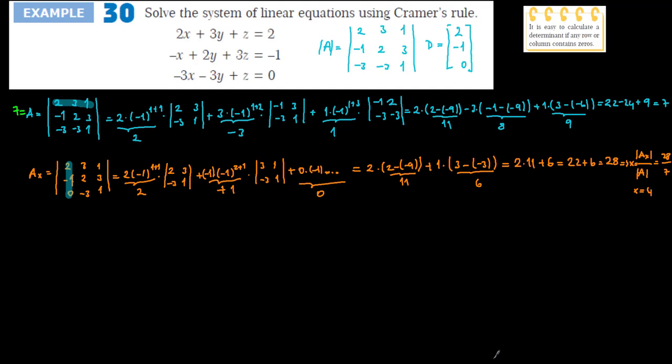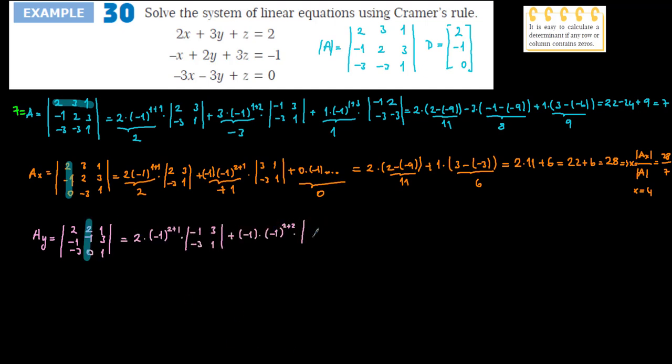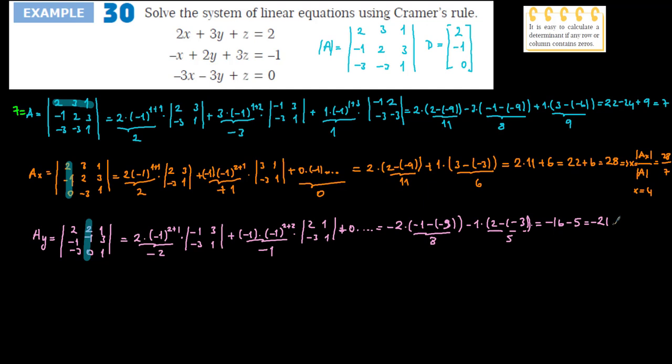Now we are going to find y, which is equal to the determinant of AY over the determinant of A, which is equal to minus 21 over 7. So y is equal to minus 3.